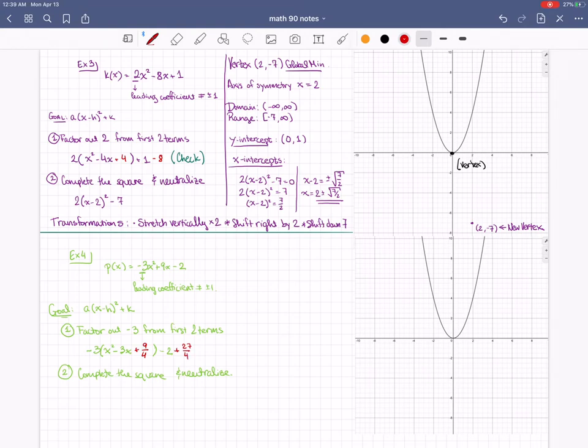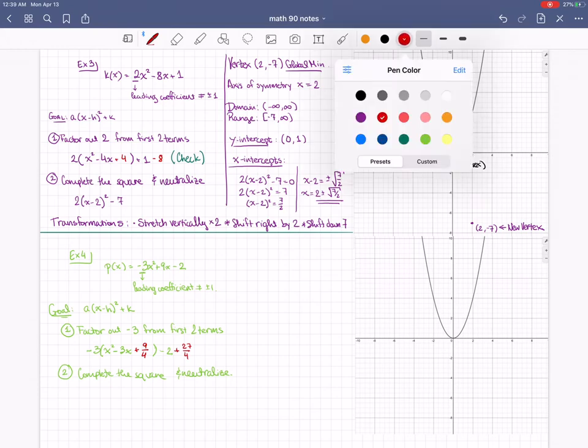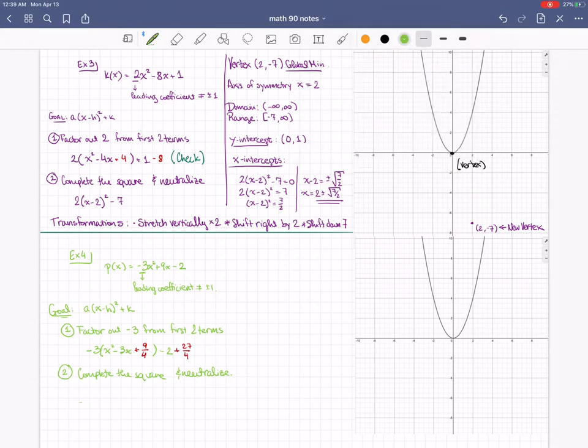What some of you may find helpful to remember here is that 2 is 8/4. So what you have here, and I'm actually going to write it in the next line down, you have -3 times x minus 3/2 quantity squared minus 8/4 plus 27/4. Okay, and that ends up being plus 19/4.